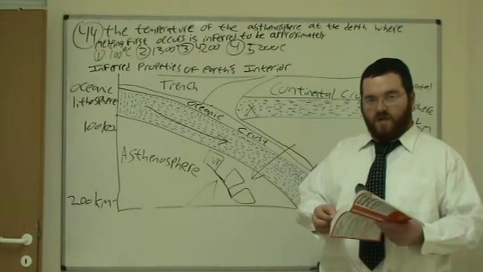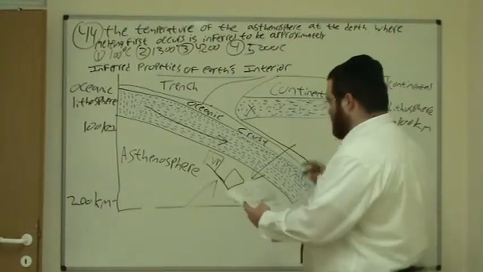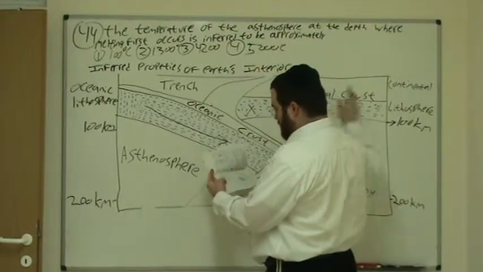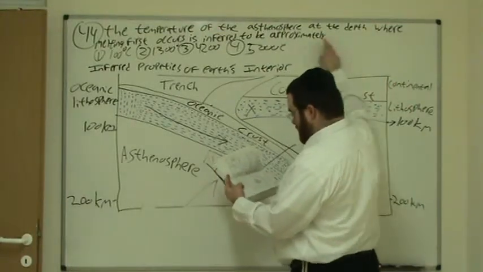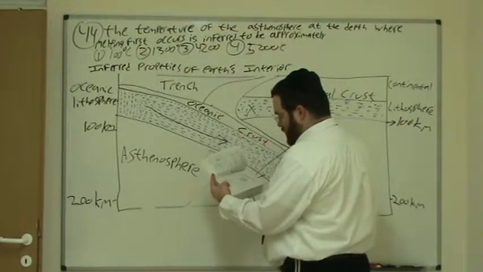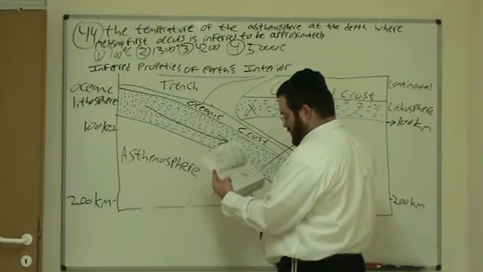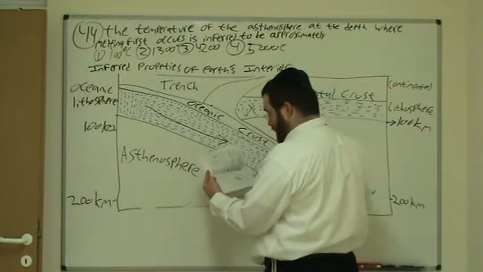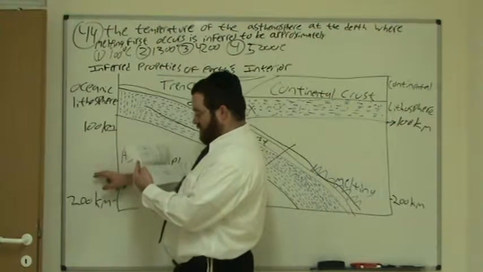So you map backwards. Here's the asthenosphere in the map, on the top of the map. Here's the asthenosphere, lower is the stiffer mantle, further inwards is the outer core, and all the way in is the inner core.